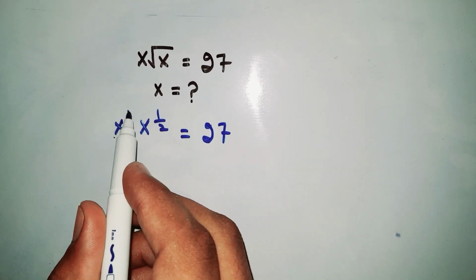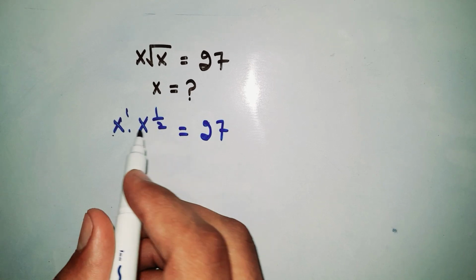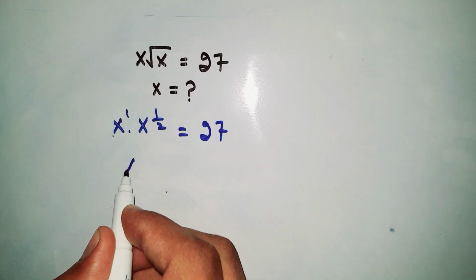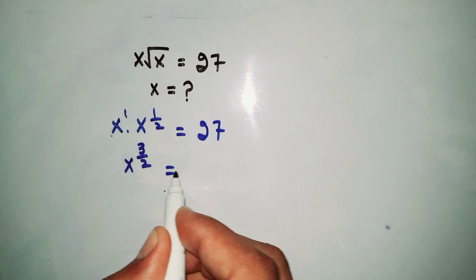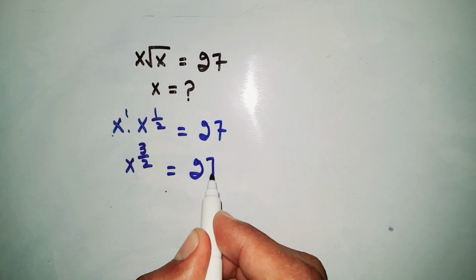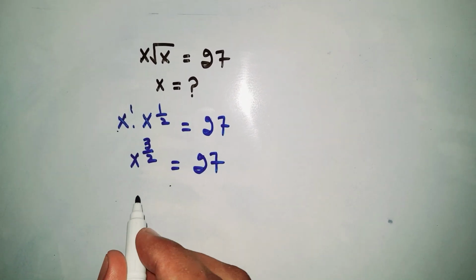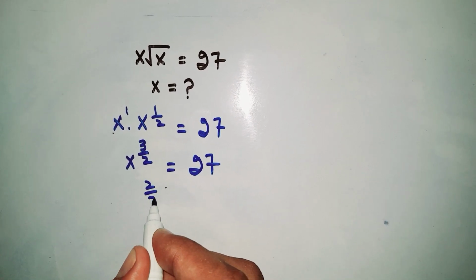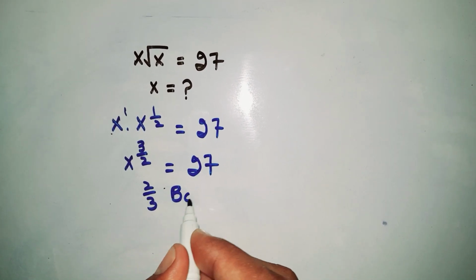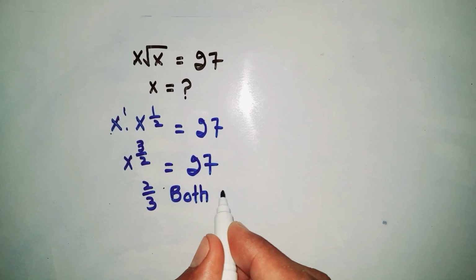So here x power 1 plus 1/2, it's equal to x power 3/2 is equal to 27. So now here we raise power 2/3 on both sides.